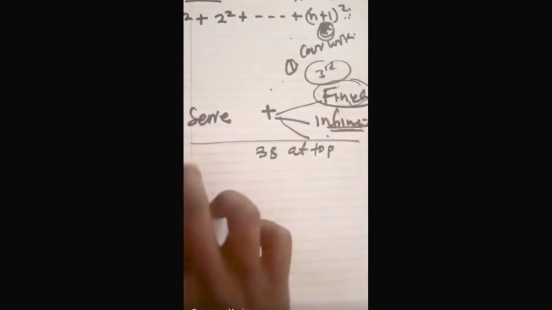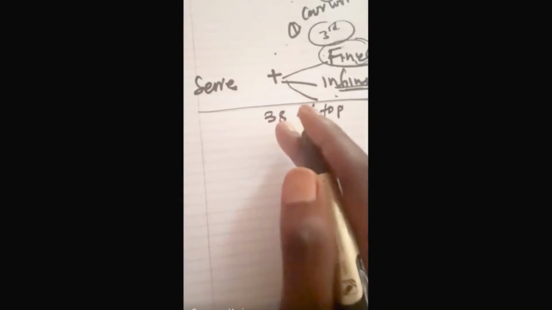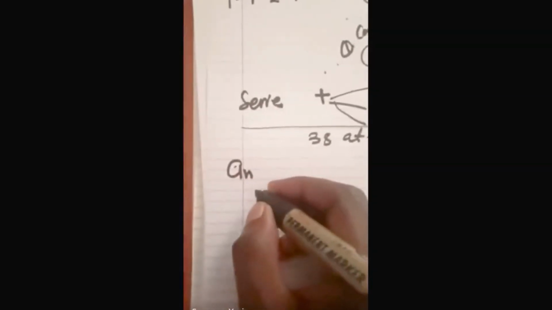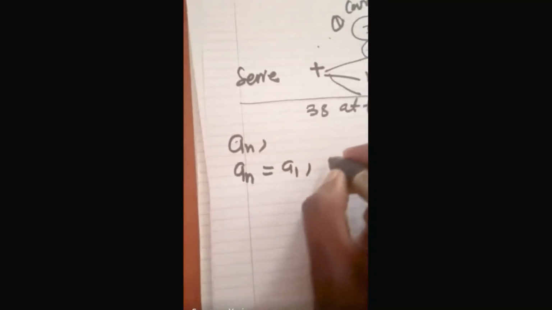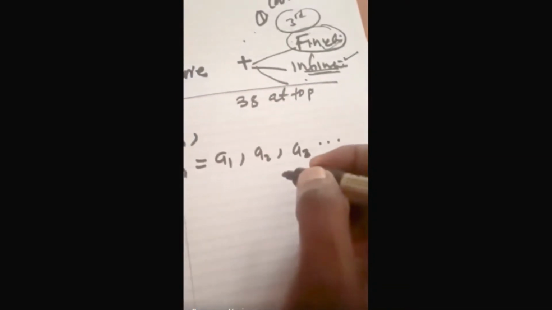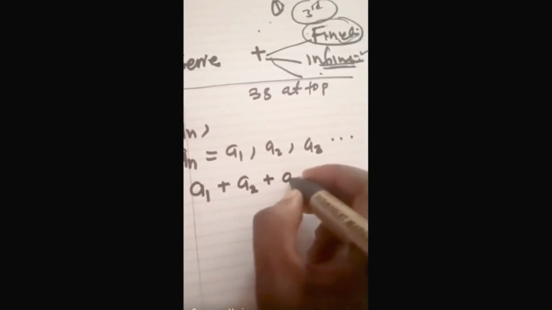On top, they are saying that we want to formalize the idea of adding. They are telling you that if I have a sequence a_n, I know the terms of the sequence: I can have a1, a2, a3, and others. It implies that I can go on adding terms a1 plus a2 plus a3 plus others.